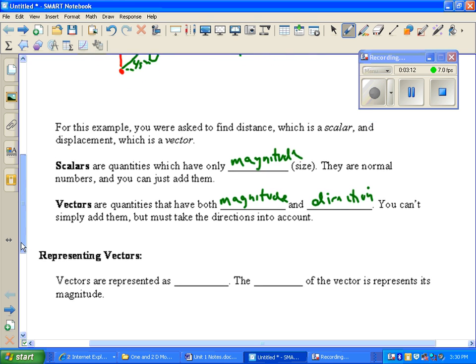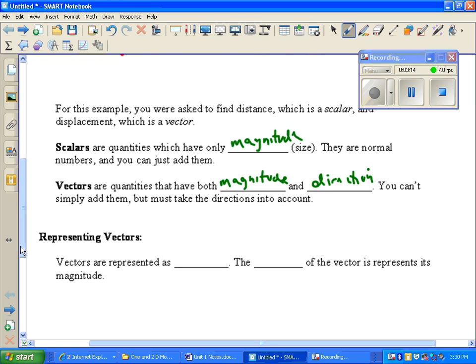I don't have to worry about directions. Now when I represent vectors, I represent them as arrows, just like we did above. And the length of the vector represents its magnitude. And the direction is obviously represented by which way the arrow is pointing.